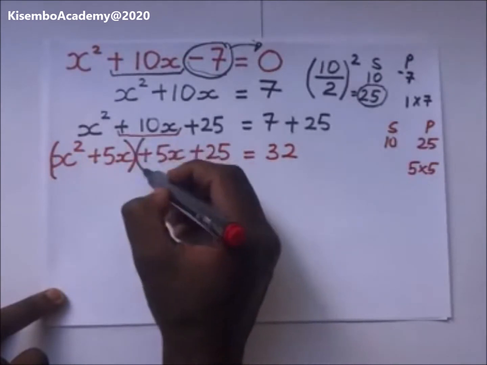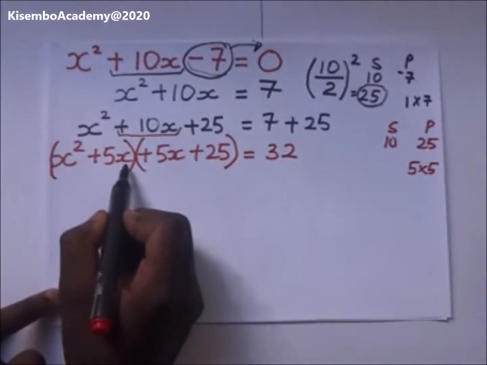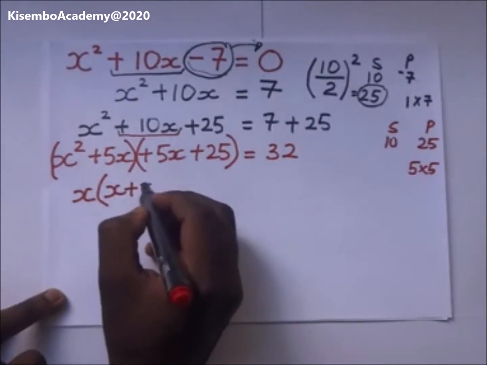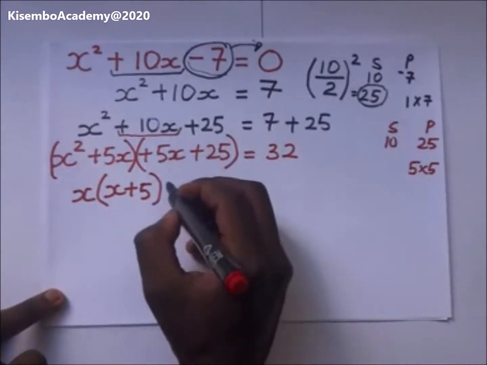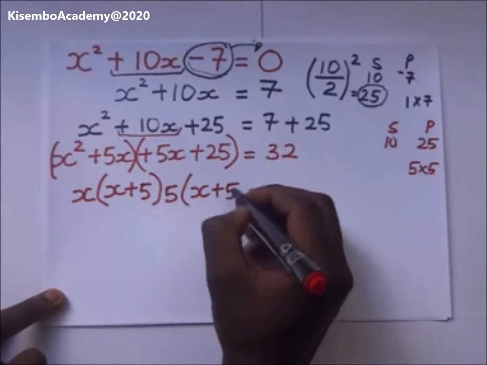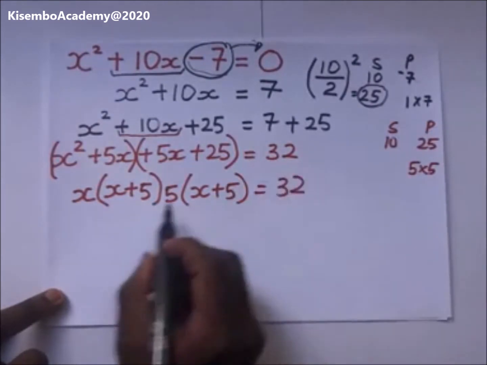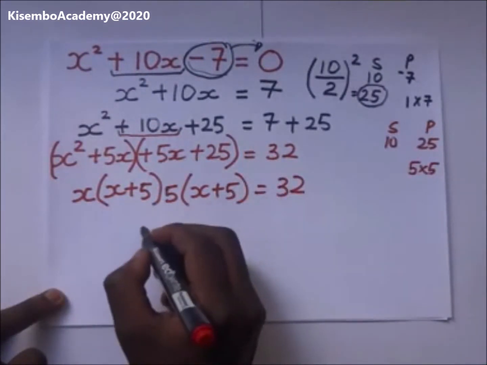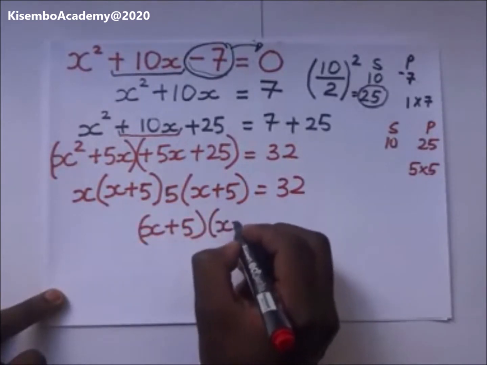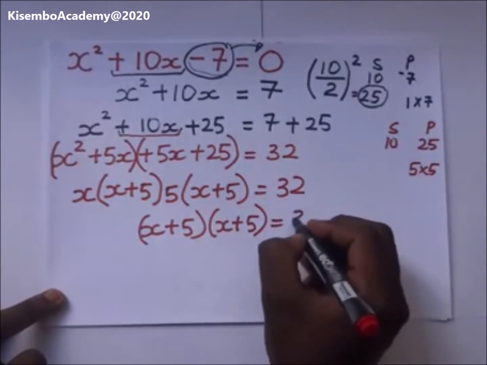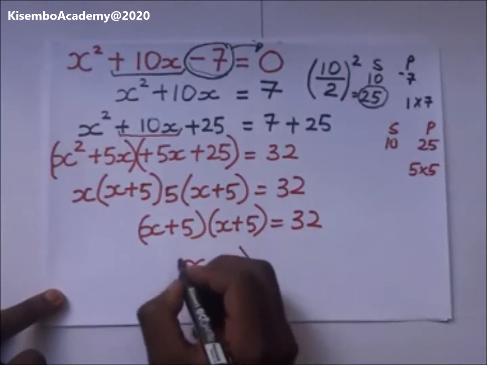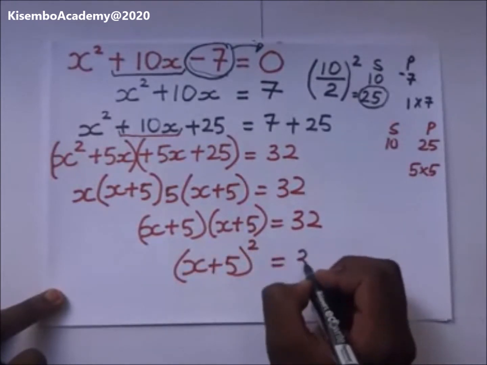So when we put this in brackets and that in brackets, we factor out x into x plus 5, plus 5 into x plus 5, is equal to 32. So we have x plus 5 into x plus 5 is equal to 32. So this becomes x plus 5 squared is equal to 32.